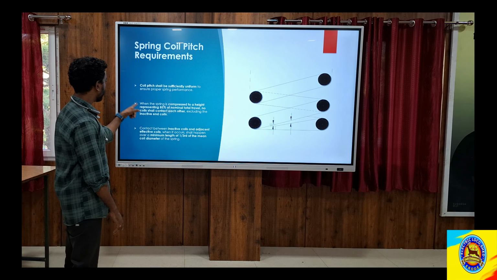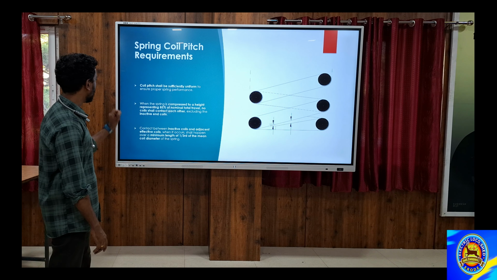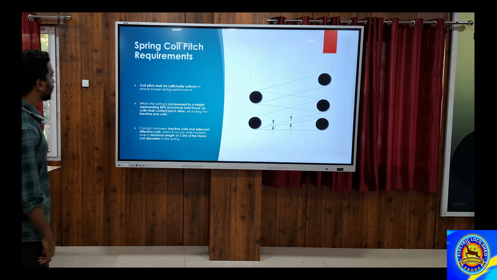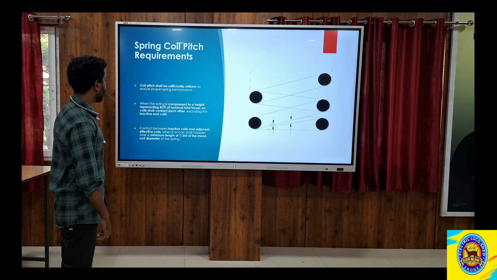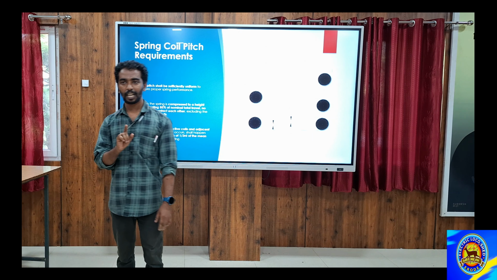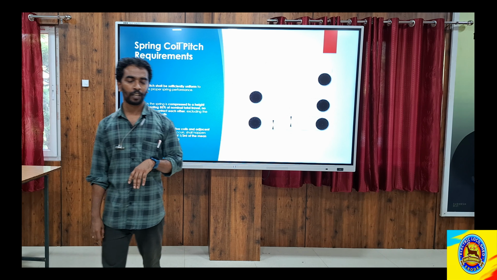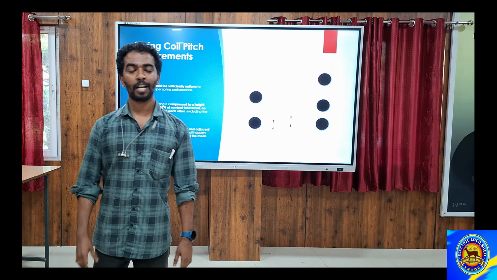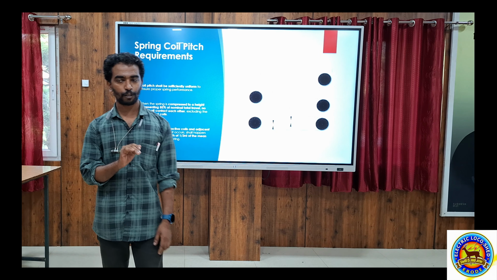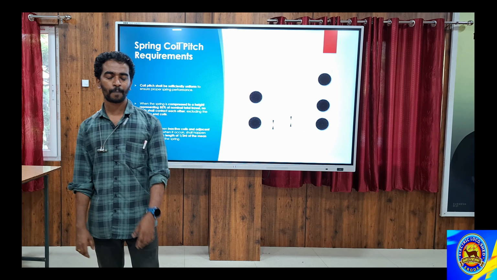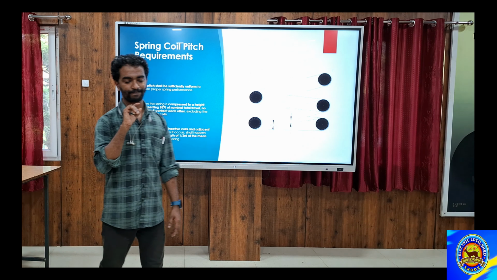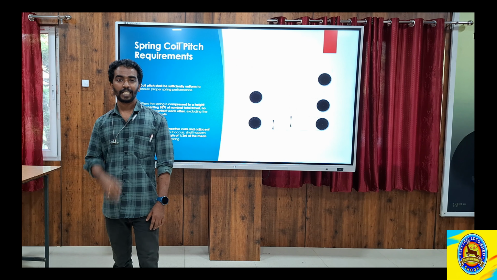Then next, while the spring is compressed to a height representing 85 percent of the nominal total travel, no coils shall contact each other, excluding the inactive end coil. This means we are doing a load test for the springs. If suppose the load is 4 ton, we give 85 percent of 4 ton. While giving 85 percent of the load, the pitch must be uniform.